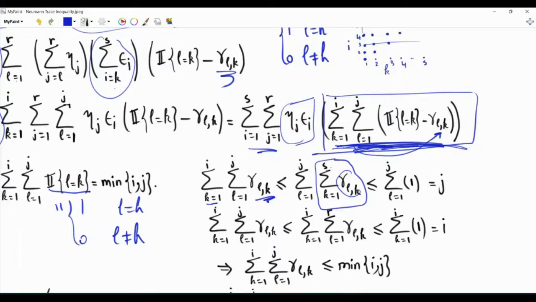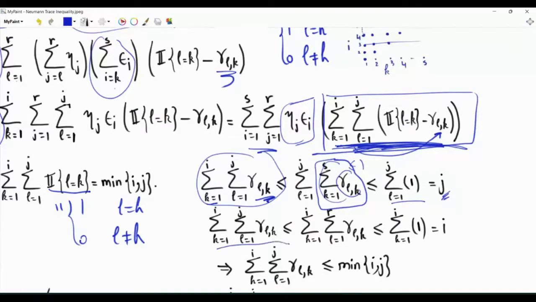So the summation over K from 1 to S of gamma LK is less than or equal to 1, and the summation of gamma LK with L from 1 to R is also less than or equal to 1. So we end up with a sum of ones, and this summation has J terms, so it is equal to J. And so the double sum is less than or equal to J.